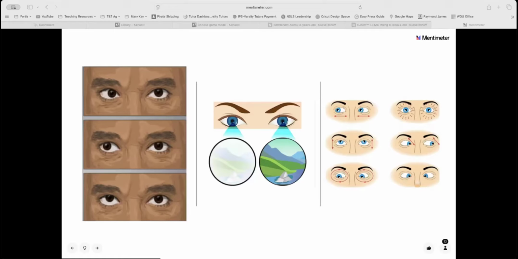How about our middle picture? One eye gives you a really fuzzy, blurry picture. One eye gives you a nice, clear picture. Would that be kind of like astigmatism? Nope, it's a different A word.